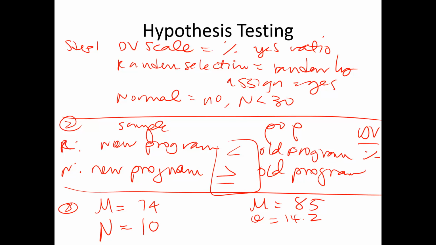You notice I did not change any of this to proportions. I did this all in percentages. Leave it alone. And then my sample standard error, rather, is 14.2 divided by the square root of 10, which is 4.49. So standard error is 4.49.